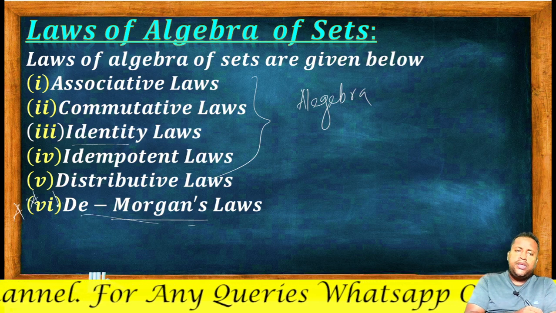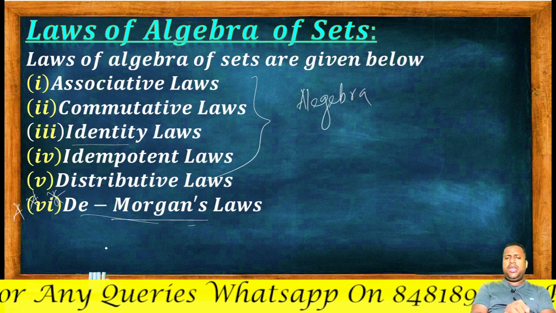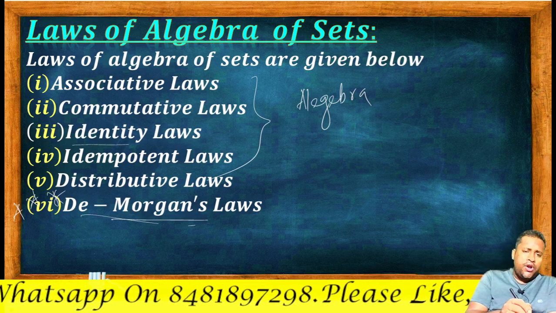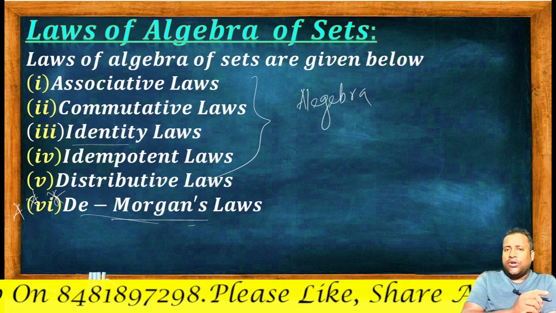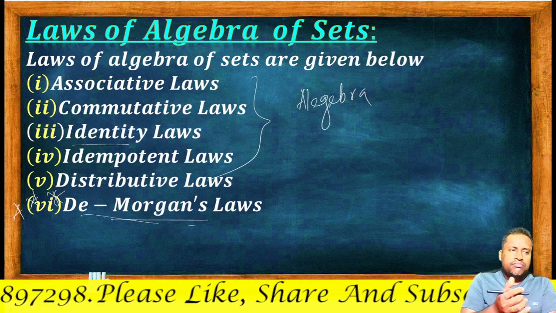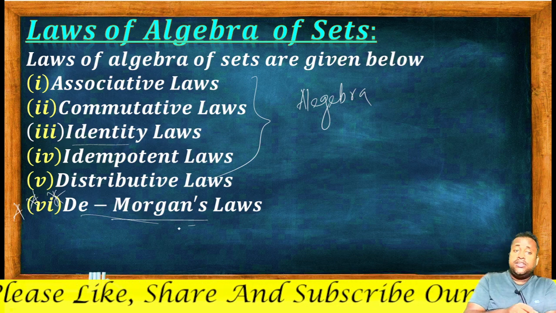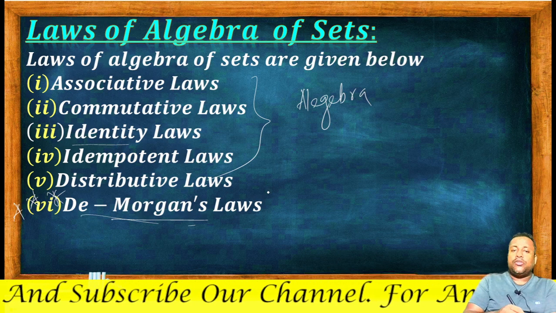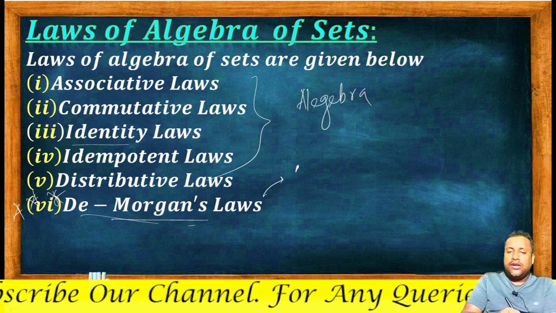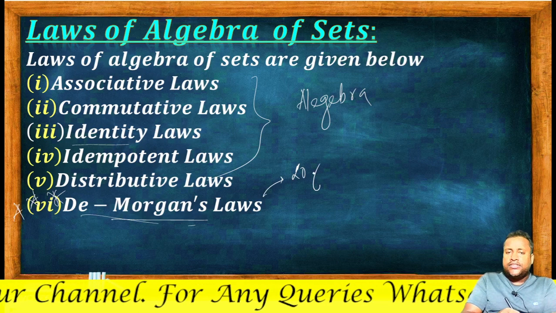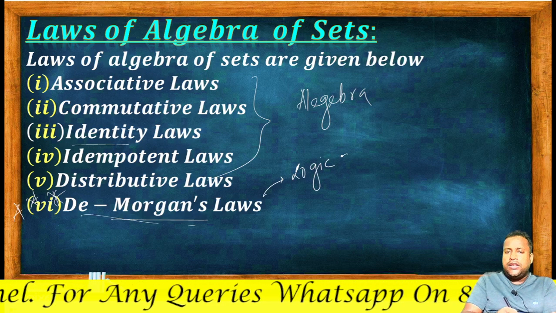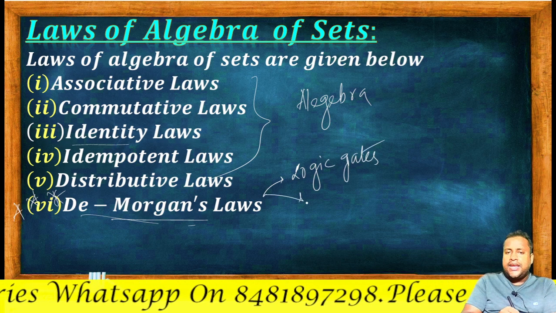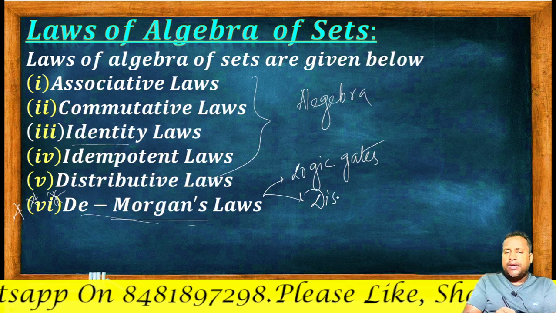Not only for sets, it is important for physics also. De Morgan's law is very much used in logic gates, and in discrete mathematics also.